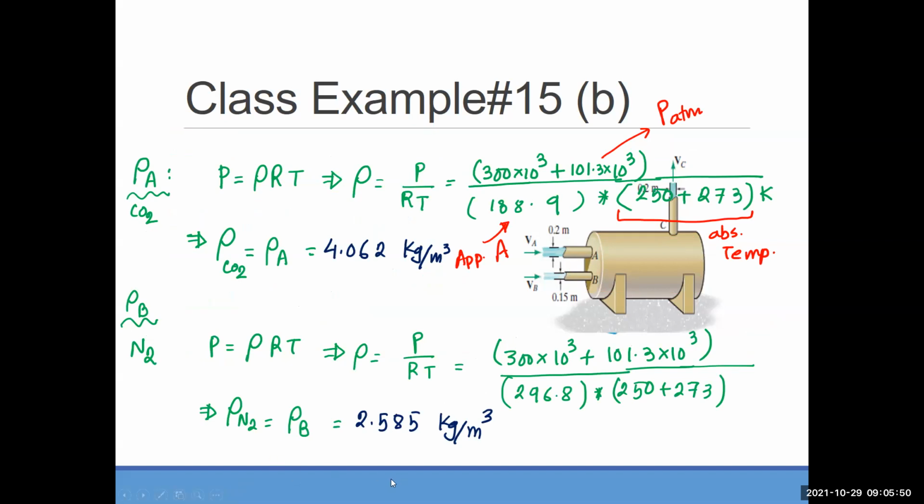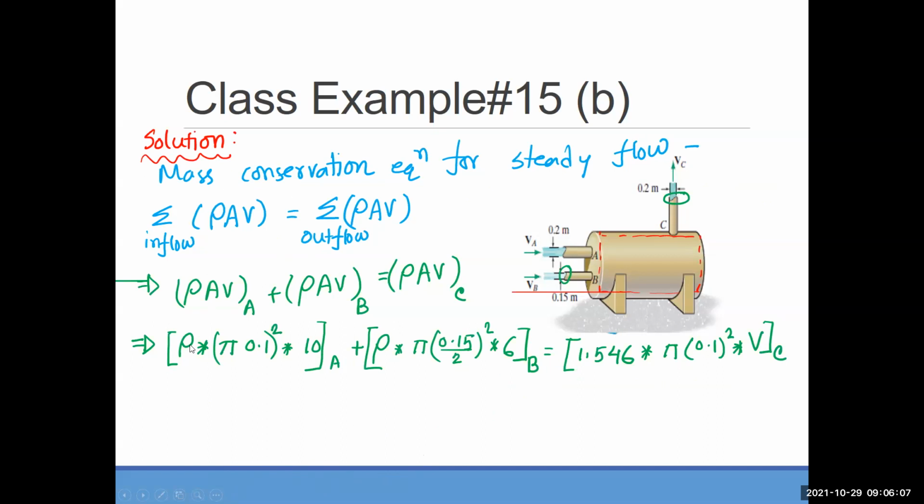That's what we did. For your class, we already did the density of carbon dioxide and nitrogen. Now we will start from here, use this value, and then calculate the value for VC.